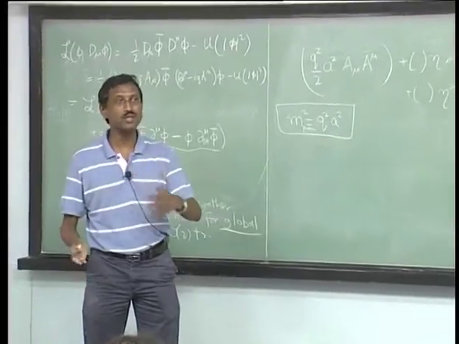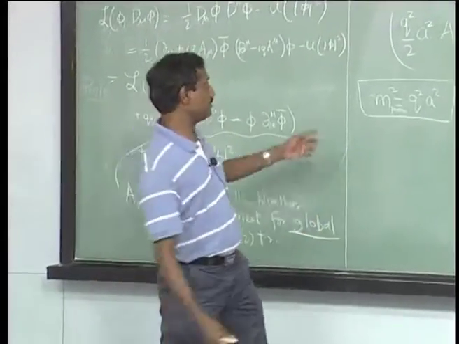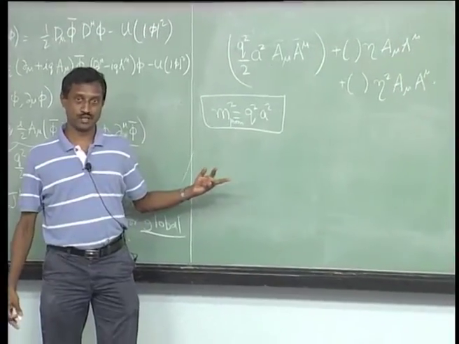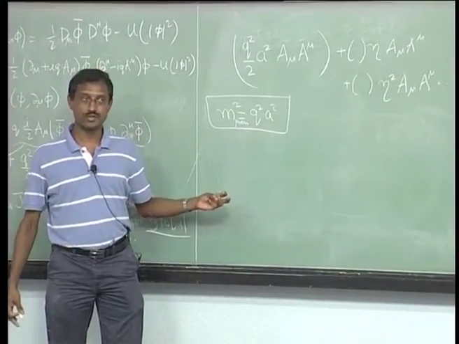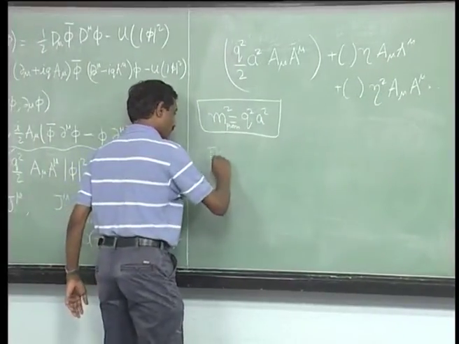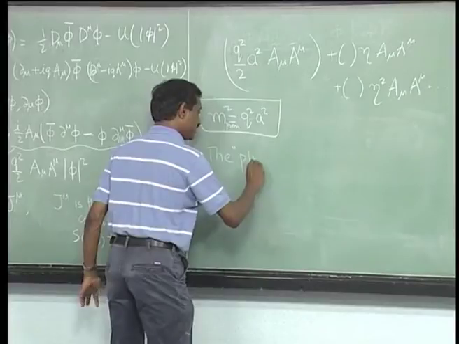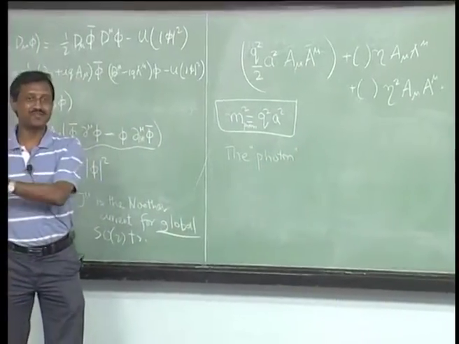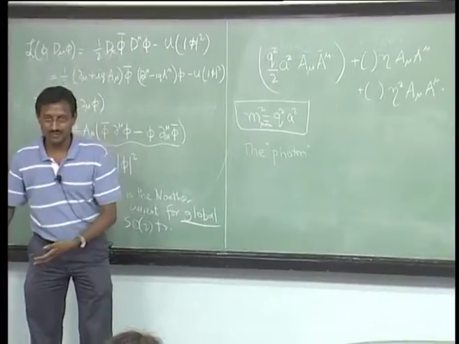If you pick a direction, it has two transverse modes. Similar to that, the massive one actually has three modes, two transverse and one longitudinal. Now I am using terminology: if you quantize the thing, the gauge field's excitations would be what we will call a photon.